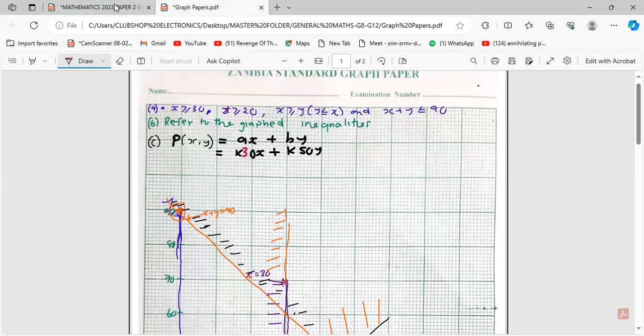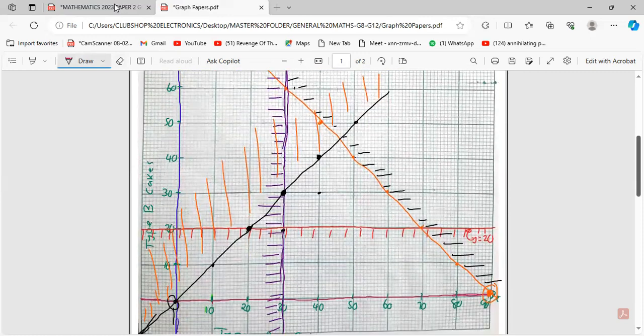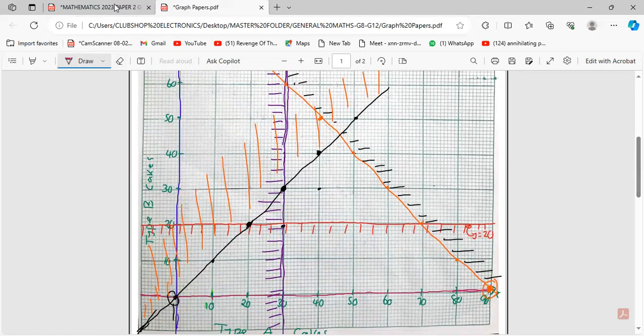So the only thing that you need to do now is to get the corners of the feasible region. So you must get the corners here, here, and here.